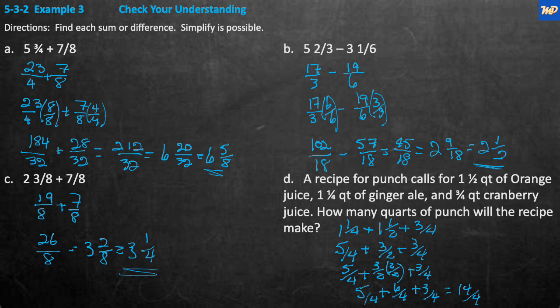And if you simplify this, you get 3 and 2/4, which is equal to 3 and 1/2. There's our answer. Good deal, everyone.